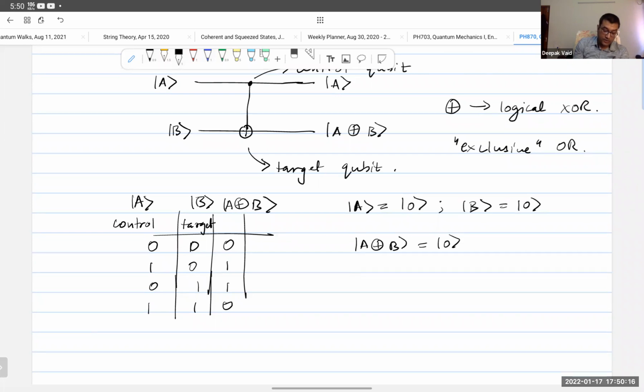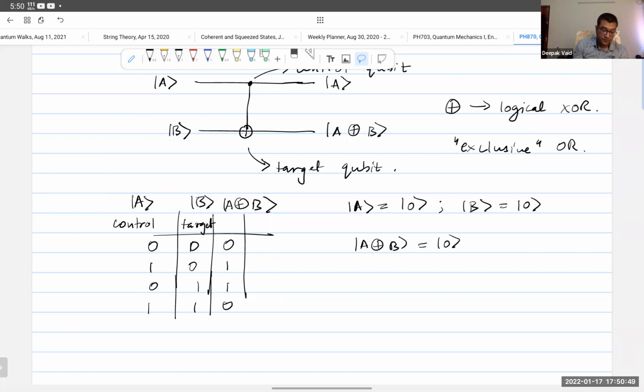So what does this tell you? If the A gate, the control qubit, is in the 0 state, so over here where it is 0, the target qubit is unchanged. The second two columns: this is the target qubit before the operation, and this is the target qubit after the operation.